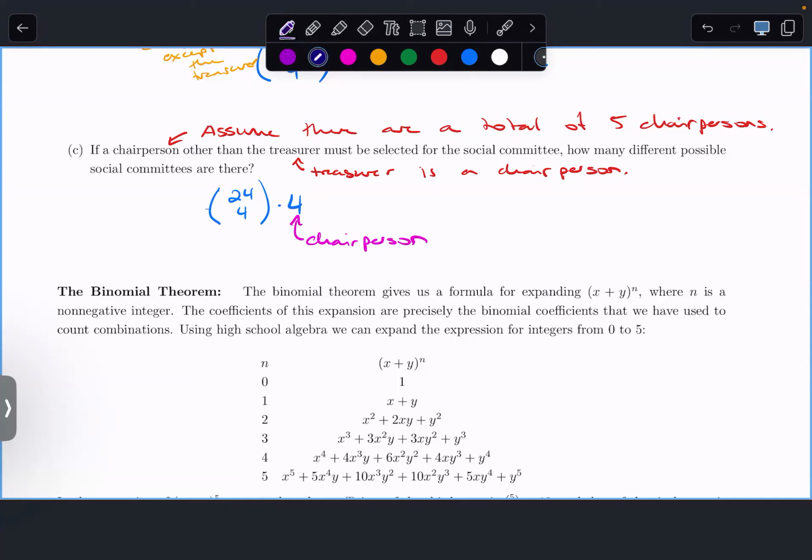Notice that essentially what I'm doing is I've got slots, sort of, but I've got the choose function in one of the slots, 24 choose 4, and then only 4 options for the next little guy. You don't have to think of it that way if you don't want to. 24 choose 4 times 4 is 42,504.